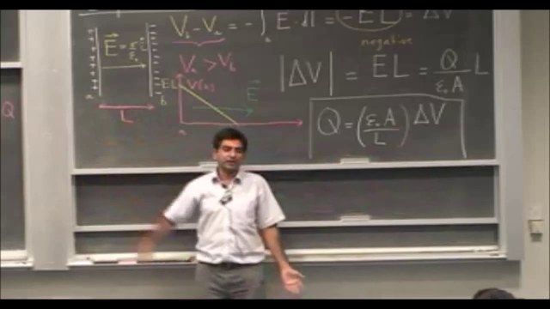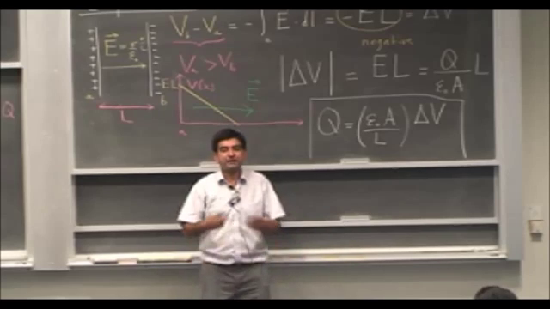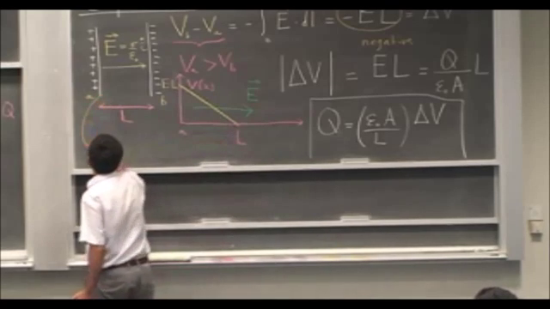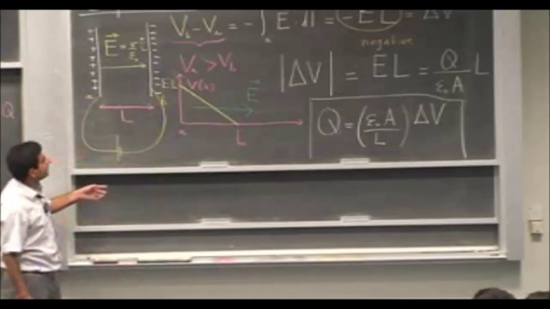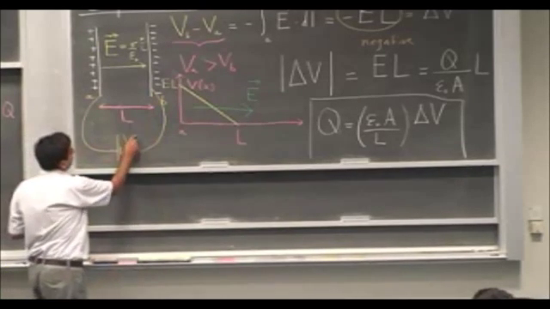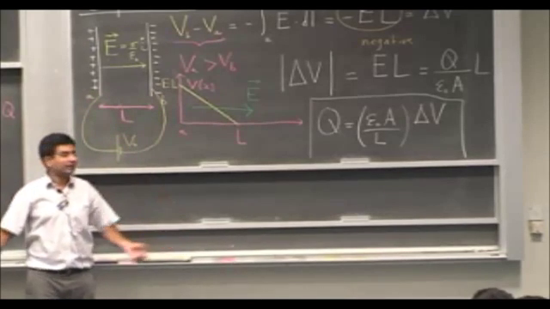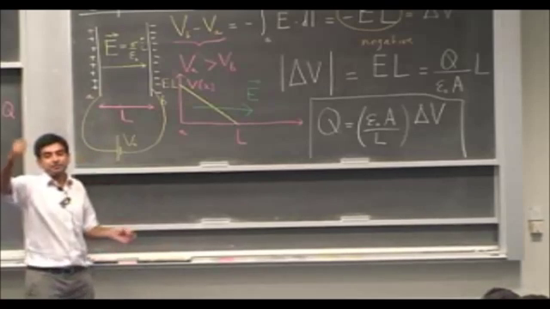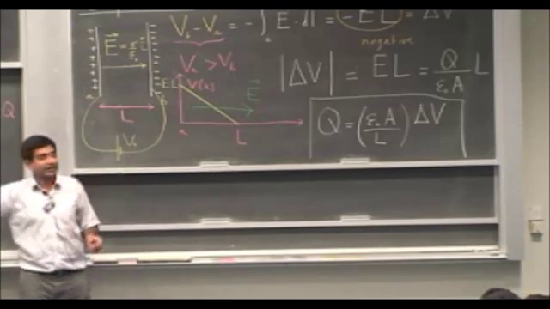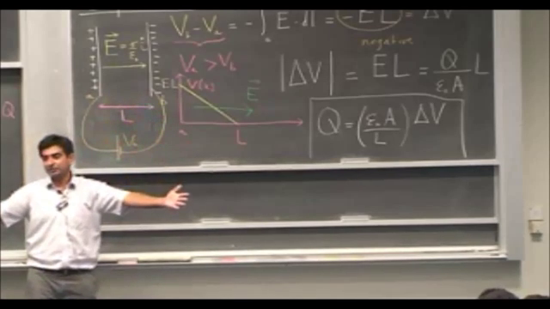Now how do you apply potential differences practically? By a battery, by some power source. So you connect this to the positive terminal of a battery, you connect this to the negative terminal of a battery. If this is V0, then the potential difference that is set up is V0. So this is an external stimulus that pulls up the plates to the respective potentials. It keeps the potential difference between these plates to be V0.